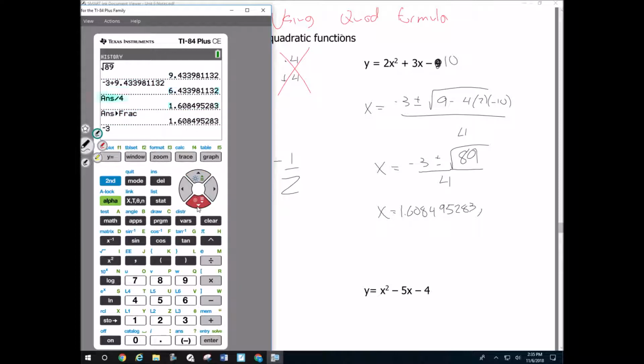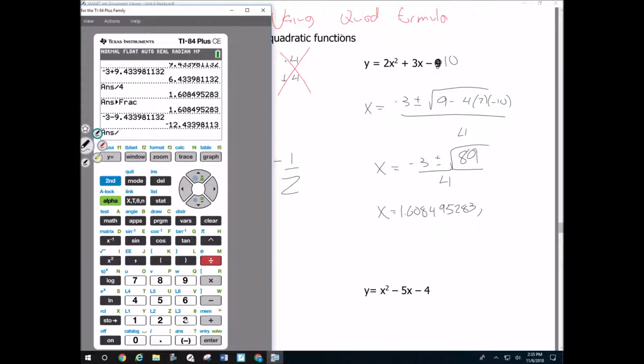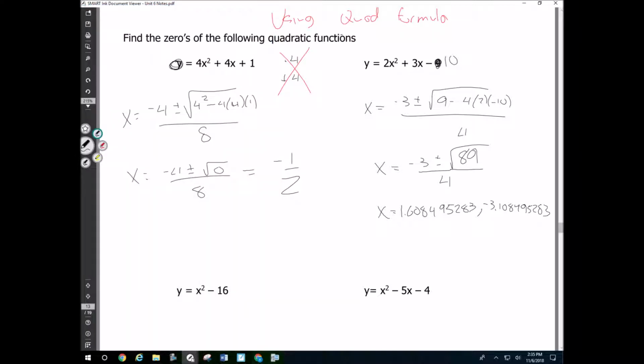If I take that negative 3 and subtract this decimal and then divide by 4, I get negative 3.108495283. These are the answers. I'm just telling you right now, those are the answers.